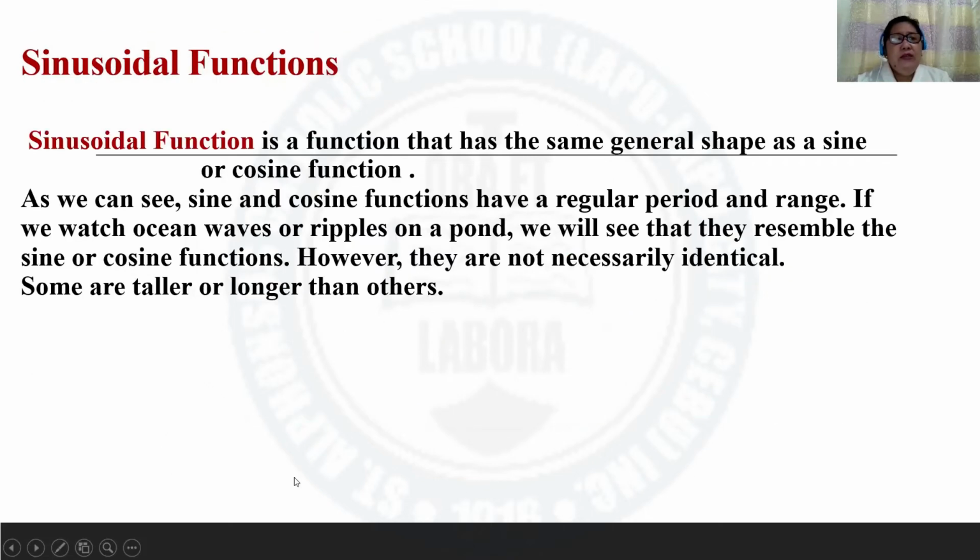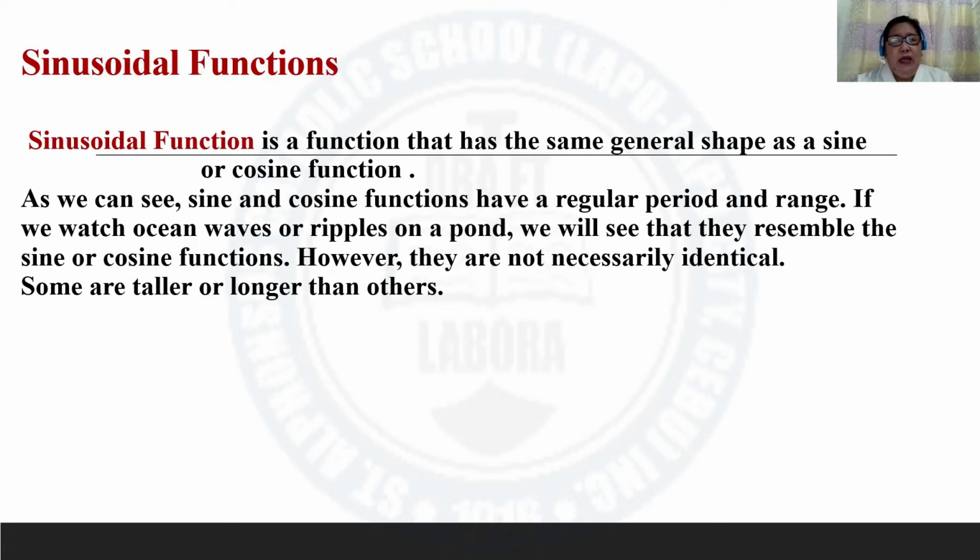Let us have sinusoidal functions. A sinusoidal function is a function that has the same general shape as sine or cosine function. As we can see, sine and cosine functions have a regular period and range. If we watch ocean waves or ripples on a pond, we will see that they resemble the sine or cosine functions.